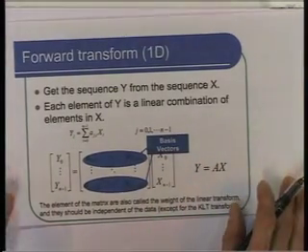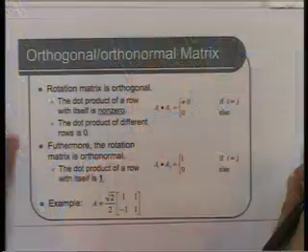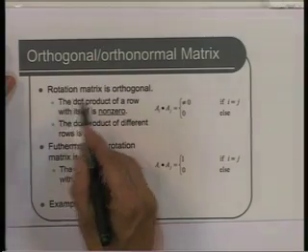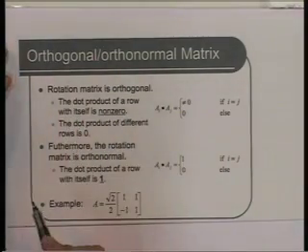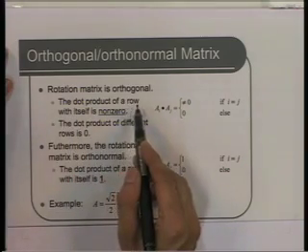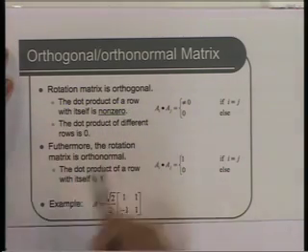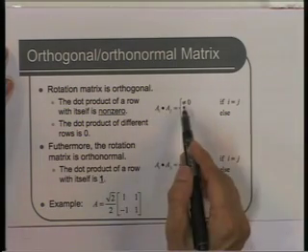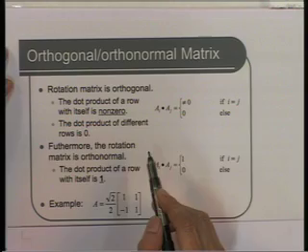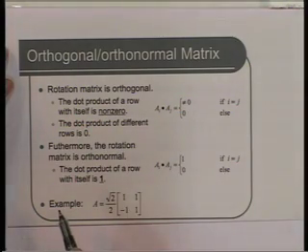So, let us look at the choice of this transform. In both the examples which we considered, we find that the rotation matrix is orthogonal. What this means is that the dot product of a row with itself is non-zero, that is a_i dot a_j is non-zero if i is equal to j and is equal to 0 otherwise.